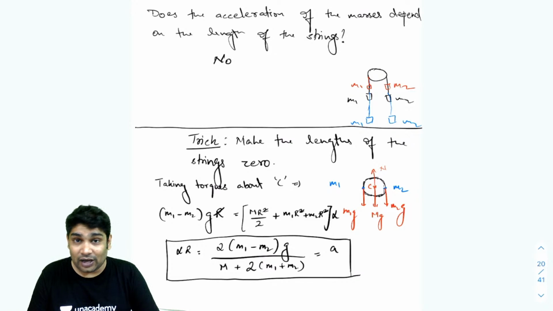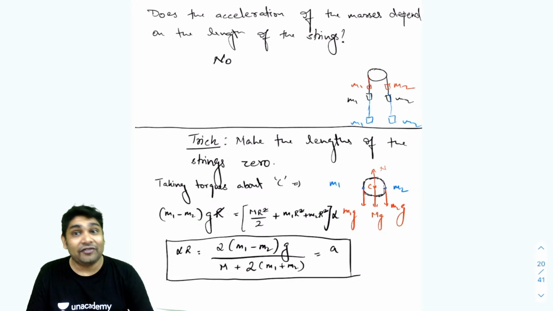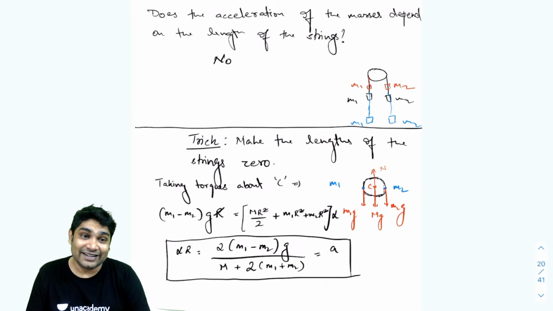So I hope you now realize that this is a very powerful trick. This will help you save a lot of time in such a competitive exam, and this is an advanced level problem. If you are able to solve an advanced level problem using a trick within 30 seconds, trust me, with some practice, you will be able to write these equations directly.